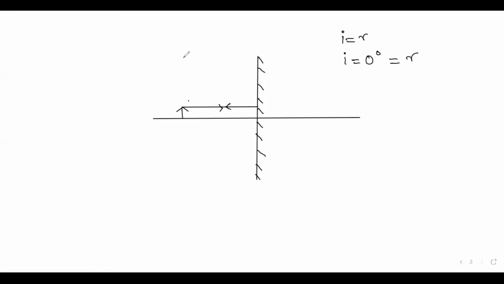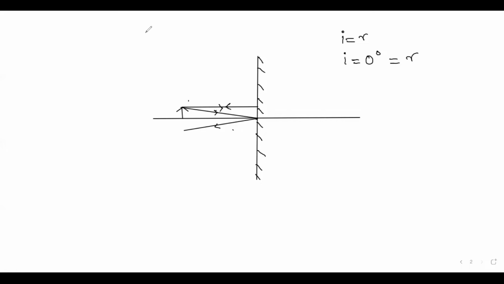So now we are going to draw another ray in a position like this. Similarly, we are going to draw another ray, which is going to be the reflected ray. So here we can see that this intersects right at the point where the principal axis meets the mirror.